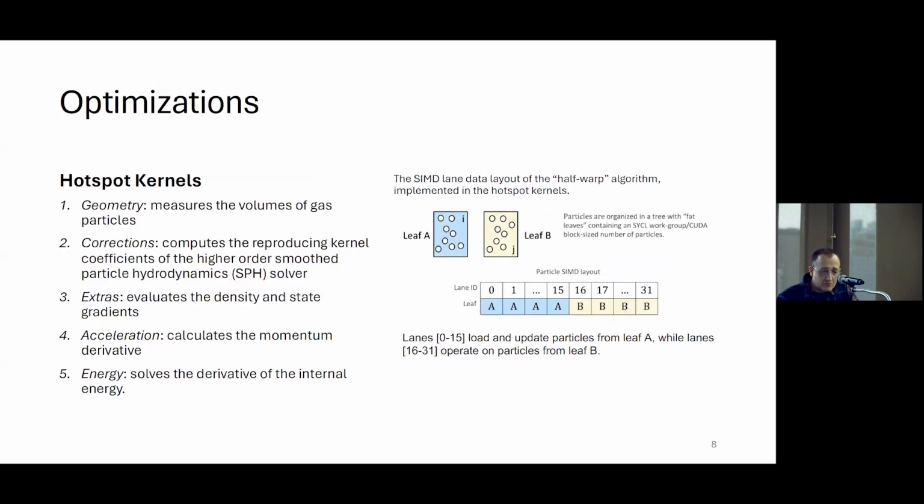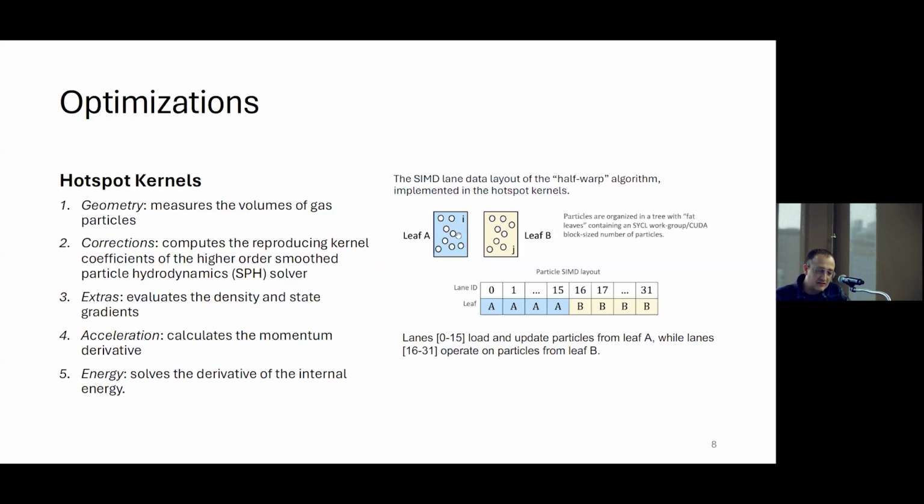So the optimizations that we did were, first, to identify the hotspot kernels. So here are five of the most time consuming kernels, so the most compute intensive kernels, with a brief description for each one of these. The thing to take away is that each one of these kernels implements what we call a half-warp algorithm. Conceptually, in the simulation, we need to interact particles with other particles.